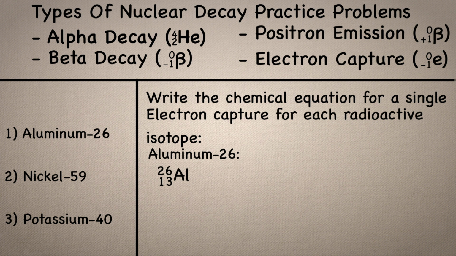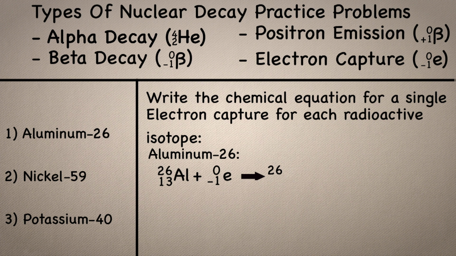So this is going to be different. Instead of having the yield sign next, we do our plus sign and have our electron present. Our electron is 0, -1e. So far our equation should read 26, 13 aluminum plus 0, -1e. We have to have mass conserved and everything conserved. The 26 with your aluminum and 0 with your e means we have 26 atomic mass units on the right side, as it must match the left side.